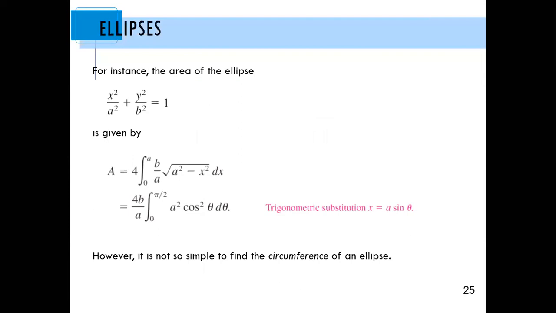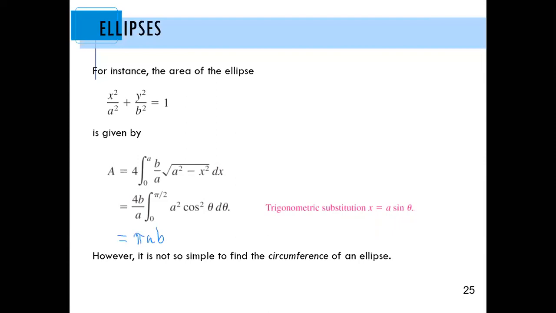A trig substitution. And look, do you have a cosine squared right there at some point? What am I going to have to use at that point? Do you remember? Half angle identity, yeah? And then if you follow your nose on this, you would get pi times A times B.